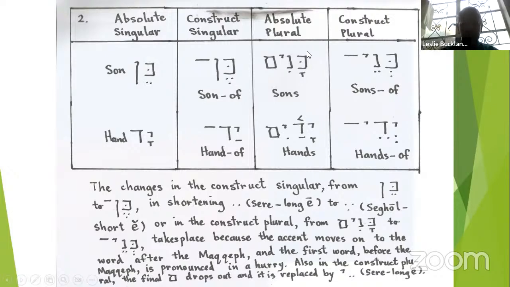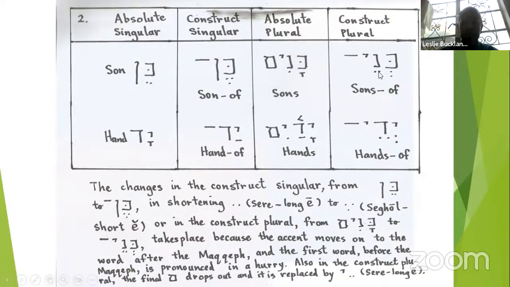Now the plural, which is in the absolute state, is banim, which means sons. But if you're putting it in the construct state, in the plural, it is bene. You don't use the kames now because you have moved the accent from banim to another word following the makef.